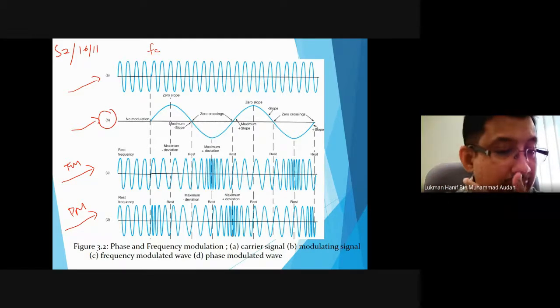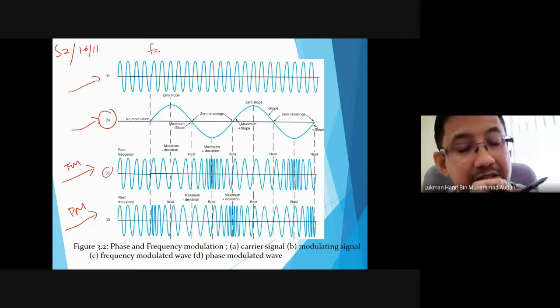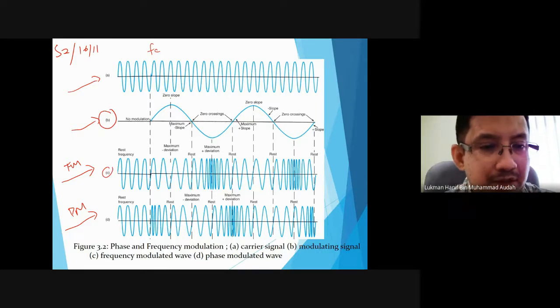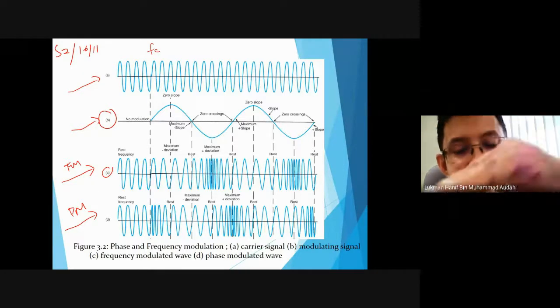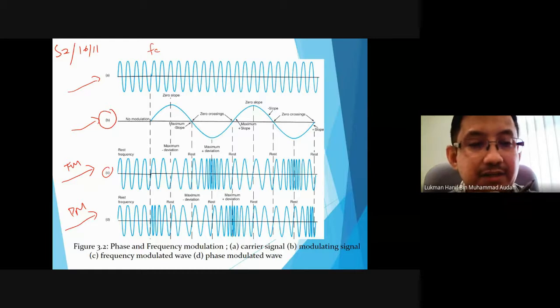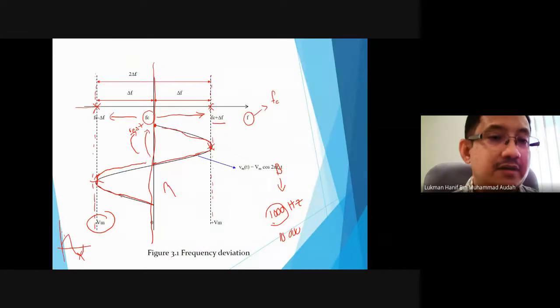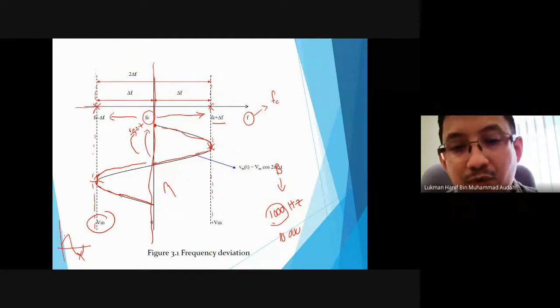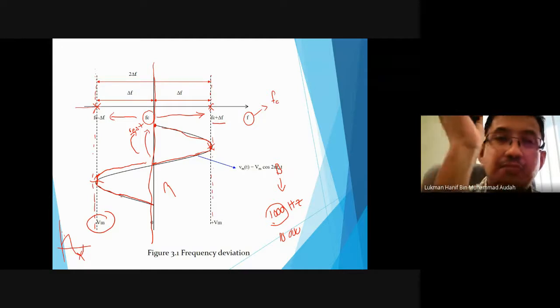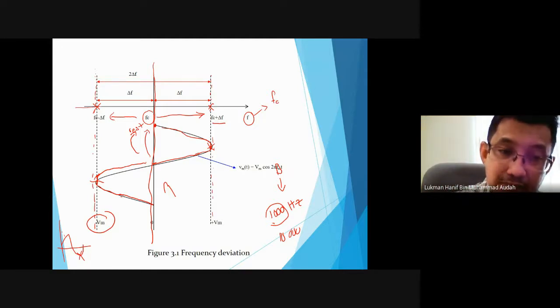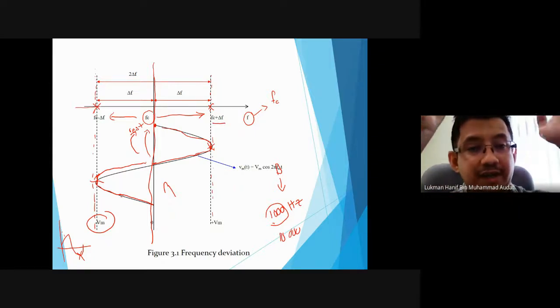Okay, kemudian untuk graf C, apa yang berlaku pada graf C adalah dia berubah disebabkan oleh perubahan amplitude. Perubahan yang paling ketara adalah pada maksimum positif dan juga maksimum negatif macam yang kita lihat tadi. So tadi kadar perubahan yang ketara adalah pada maksimum positif of the VMT and also maximum negative of the VMT, barulah nampak perubahan ketara pada frekuensi carrier.